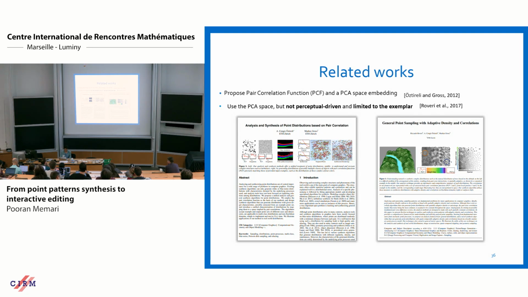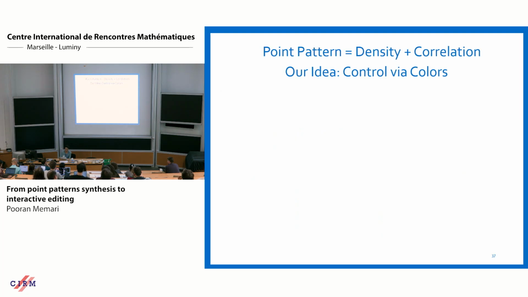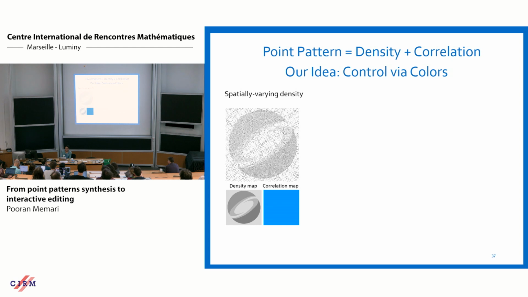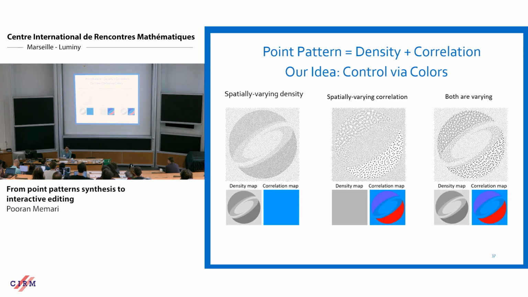You can read more about the details, differences and comparisons in the corresponding paper that we have. But what we have suggested in the end was to control these patterns through colors, in the sense that in addition to the density map, we associate a color to each of these patterns.